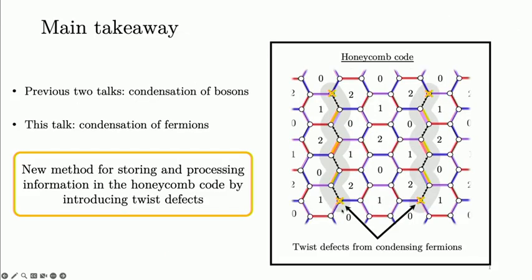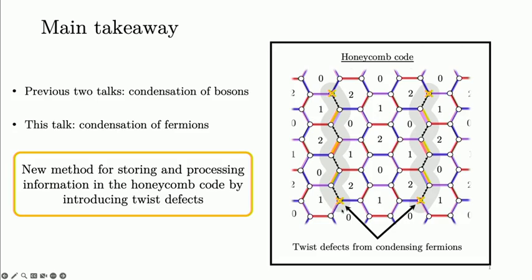Here's the main takeaway. In the previous two talks, we heard about boson condensation in the context of Floquet codes. In this talk, I'll discuss fermion condensation. By condensing fermions in a honeycomb Floquet code, we have a method for creating twist defects.